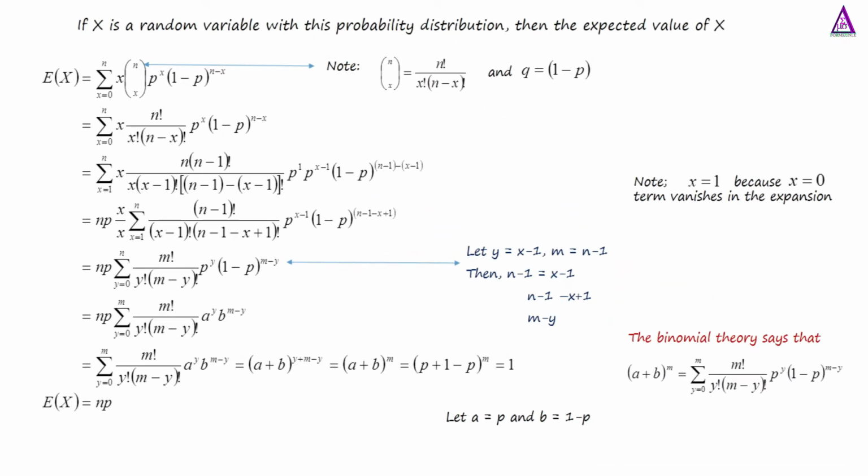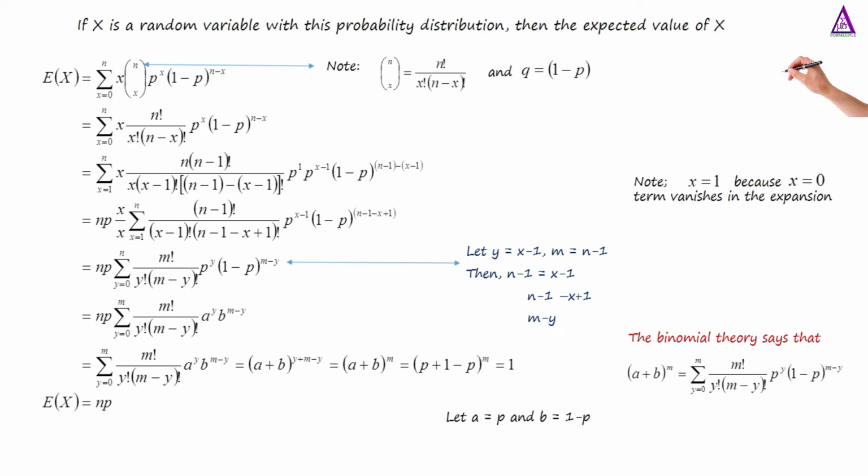Proving: if X is a random variable with this probability distribution, then the expected value of X is given as the summation, where x ranges from 0 to n, of x times the probability distribution function of the binomial distribution, which is this, where n combination x is defined as this.